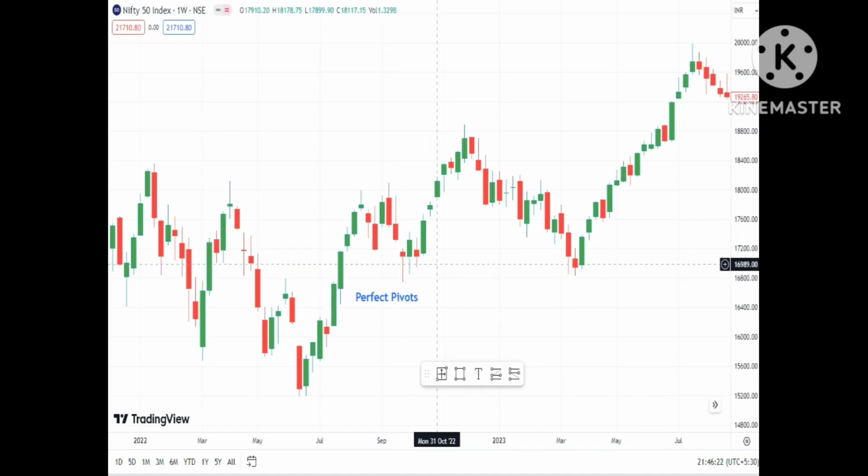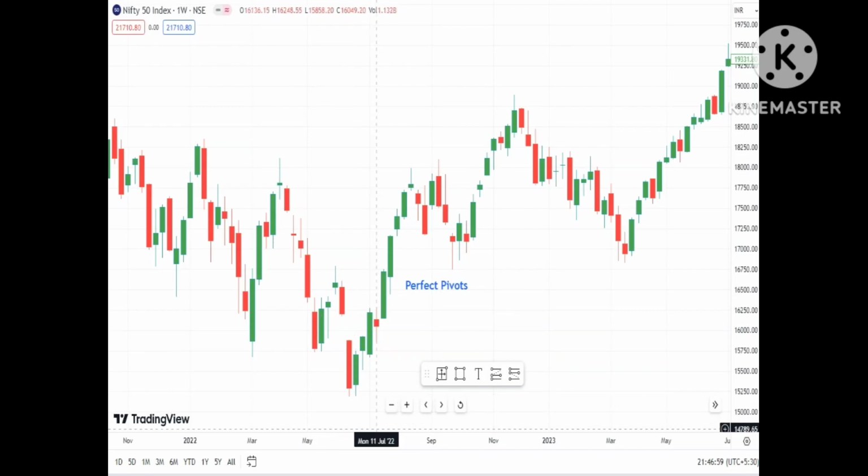And what about the highs of the candles? The highs of the first and the third candle are always higher than the high of the main middle candle. We will just concentrate on the lows and the highs, so that there is no confusion in this.